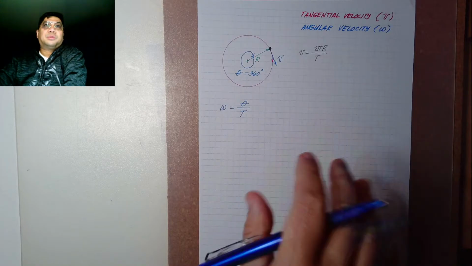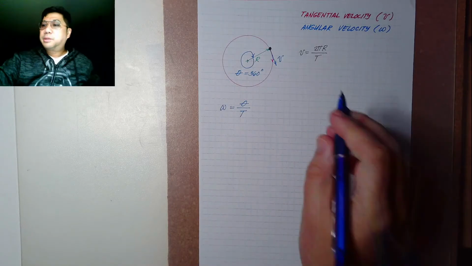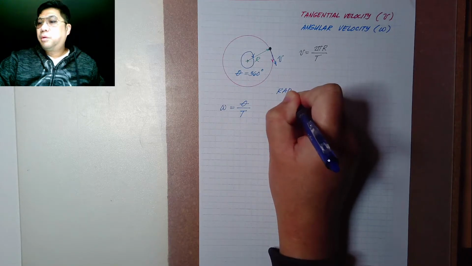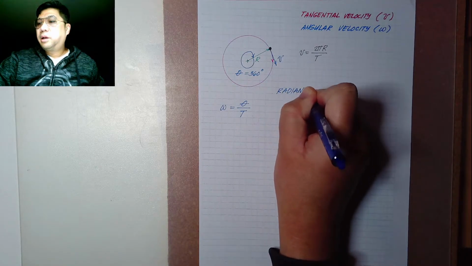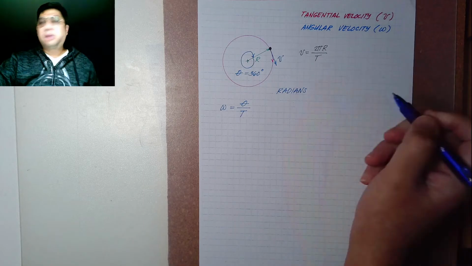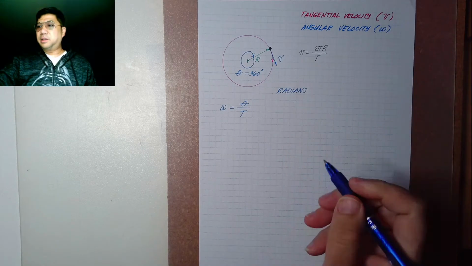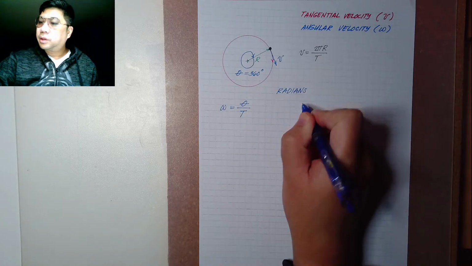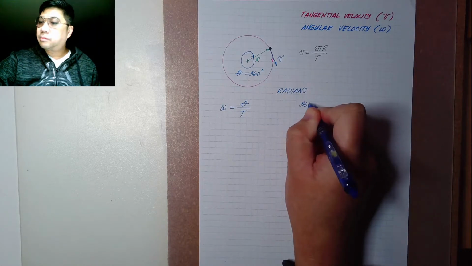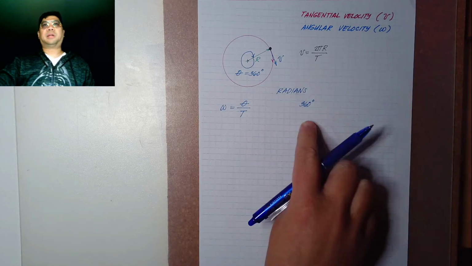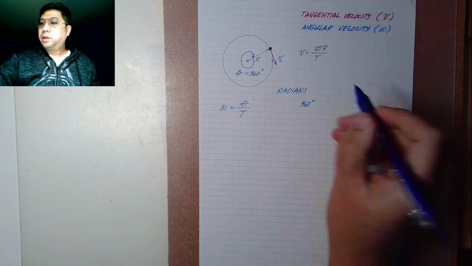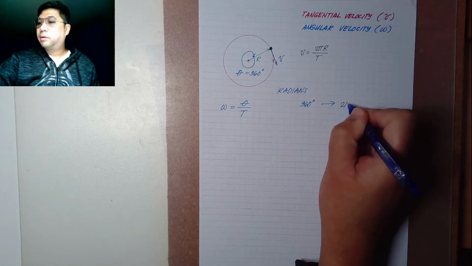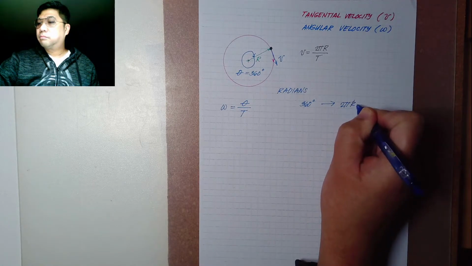There is also another unit called radians, and the equivalent is this: 360 degrees is equivalent to 2 pi radians.